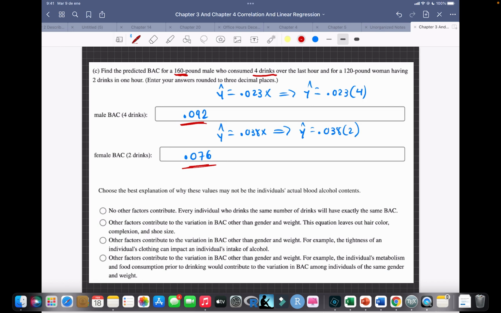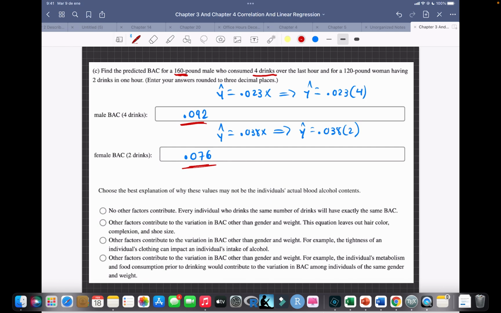And finally, choose the best explanation of why these values may not be the individual's actual blood alcohol contents. Here we have several options to choose the correct one.